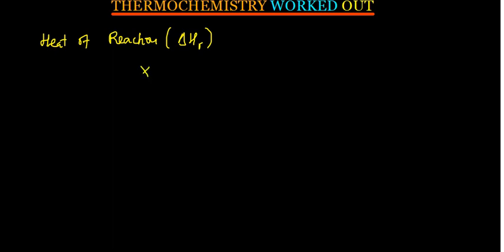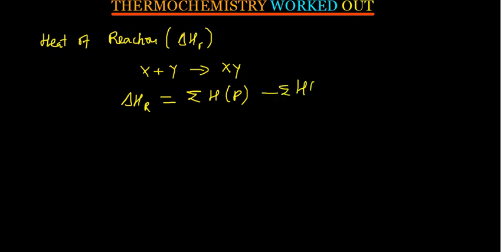Let's say you have X plus Y giving XY. The heat of a reaction, delta H R, is given as the sum of the heats of the products minus the sum of the heats of the reactants. That is going to give you the heat of the reaction.